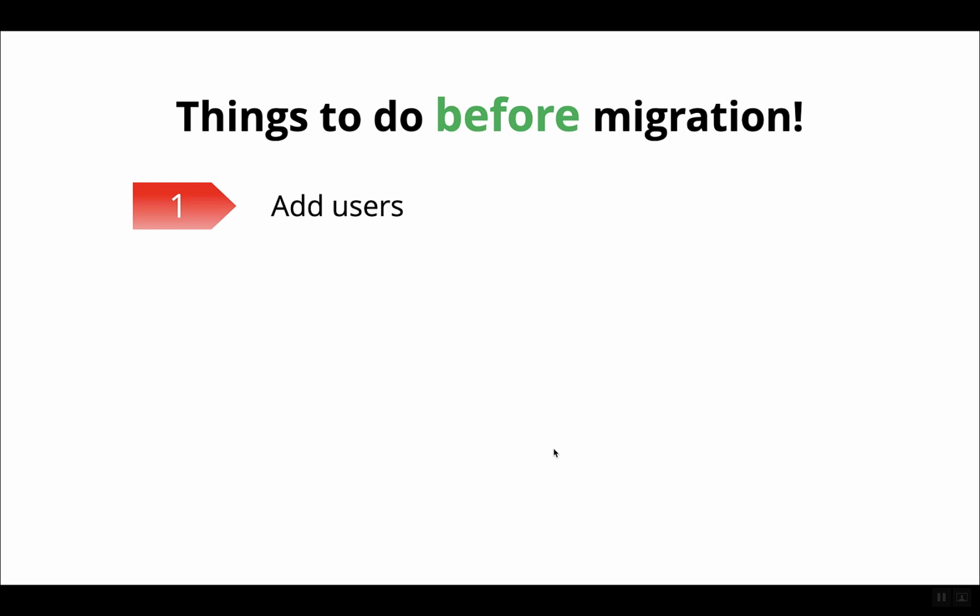Something to note here is that if you want to migrate data of your user account, let's say charles@abc.com from Google Workspace to Zoho Mail, the destination email address has to have the same username. The domain can be different, but the username can't be. You can create an email address that says charles@xyz.com or charles@cdb.com. It doesn't matter as long as the username is the same.